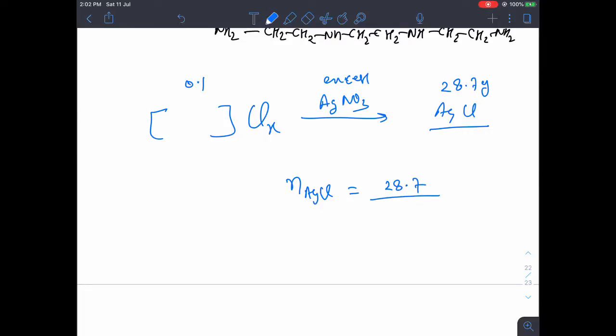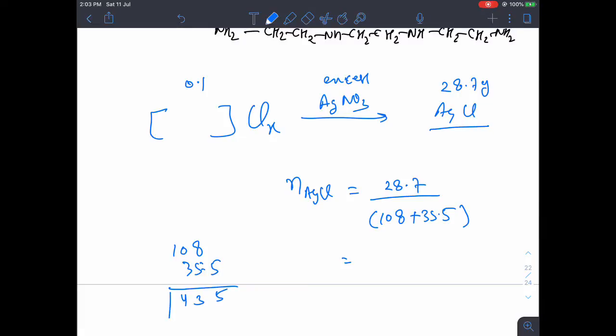The molar mass of silver chloride: 108 is the mass of silver approximately, and chlorine has 35.5.